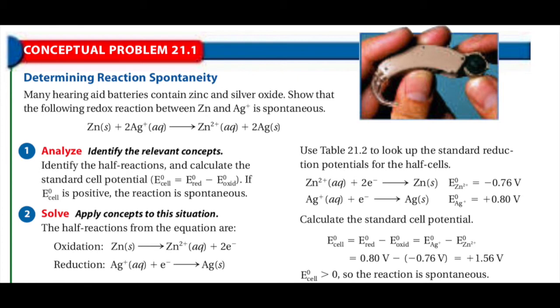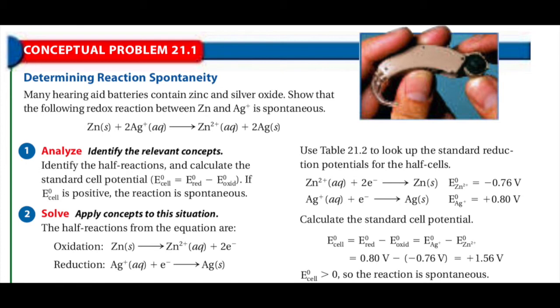So positive 0.8 minus a negative 0.76 is going to be plus 1.56. So E naught cell is greater than 0, so the reaction is spontaneous.